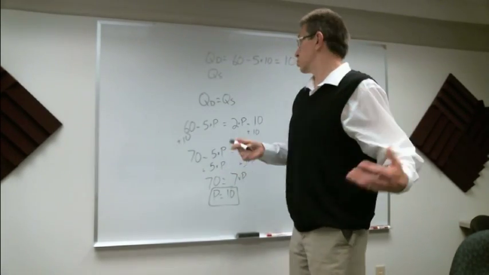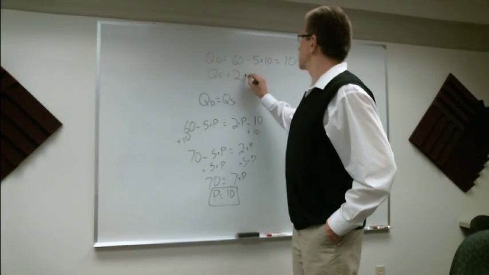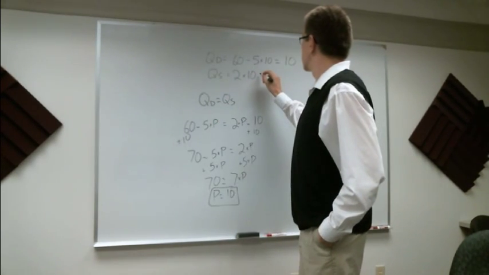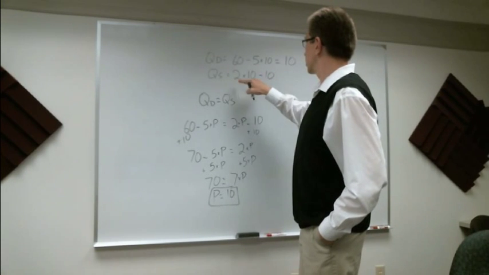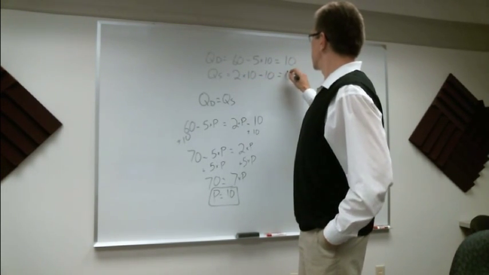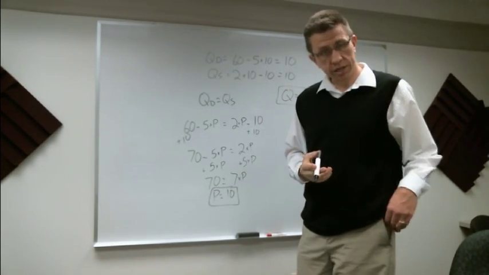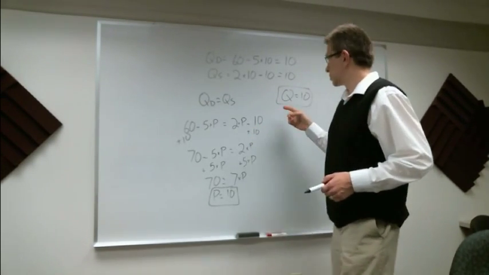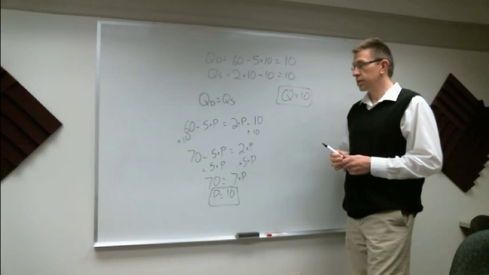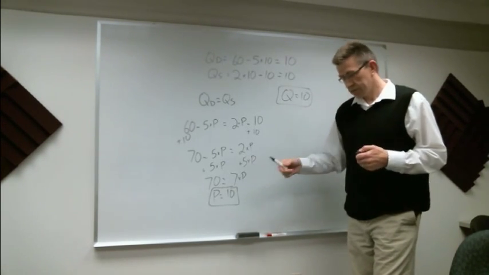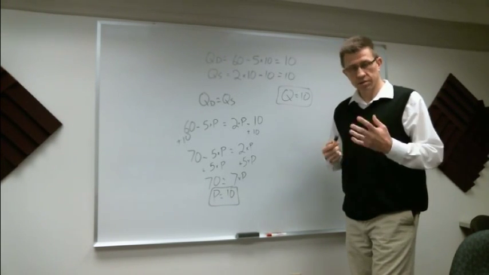If it doesn't match up, we did it wrong. 2 times the price of 10 minus 10 is 20 minus 10, which equals 10. The equilibrium price is 10. The equilibrium quantity is also 10. So in our example, a price of 10 and a quantity of 10 is our equilibrium.